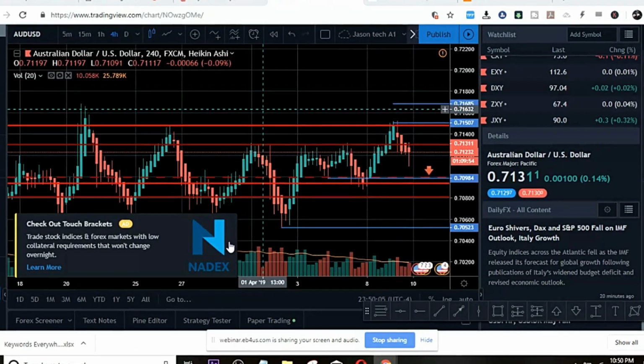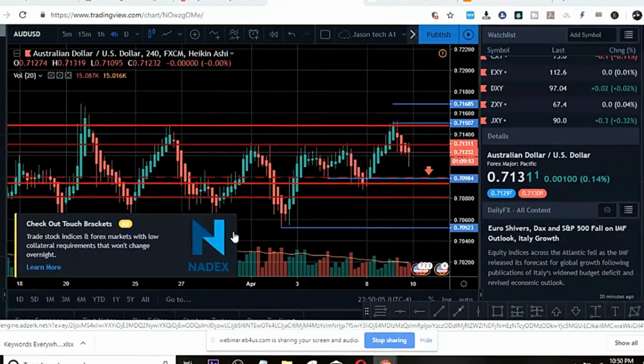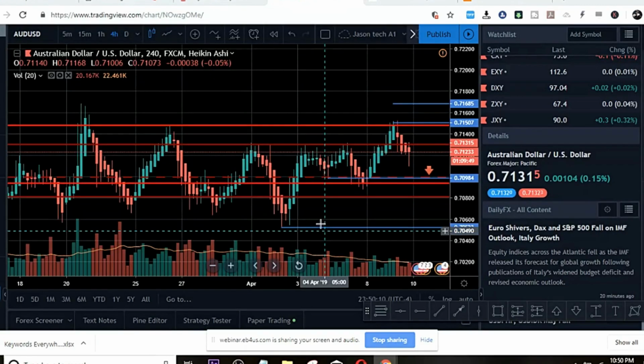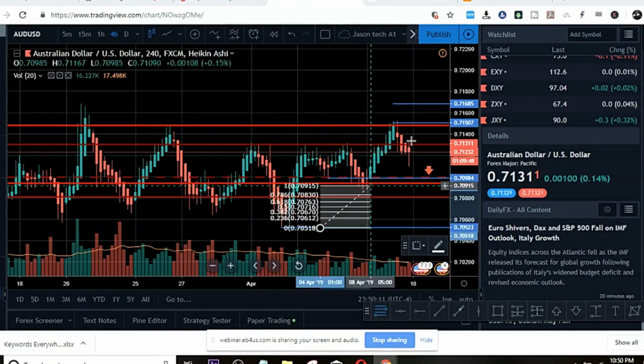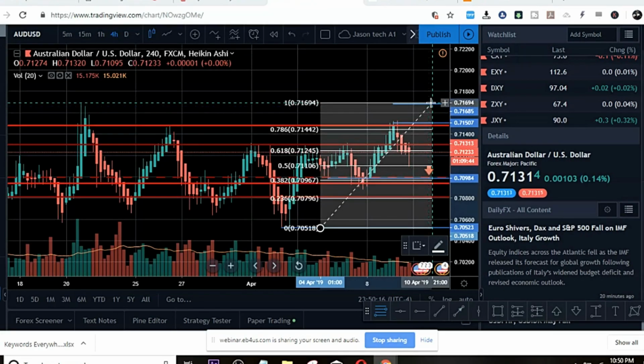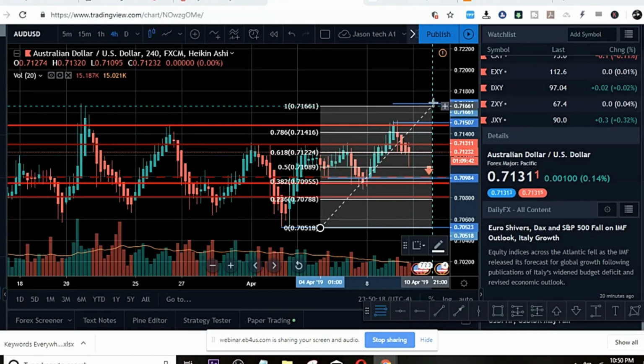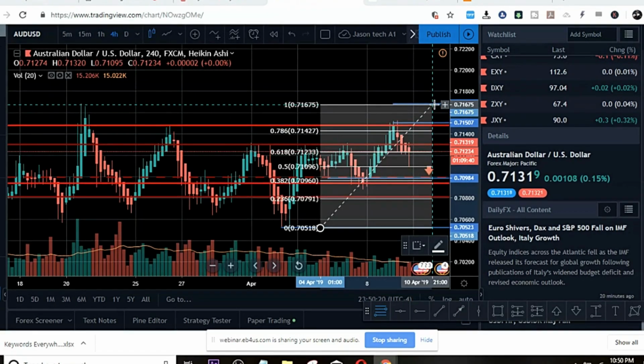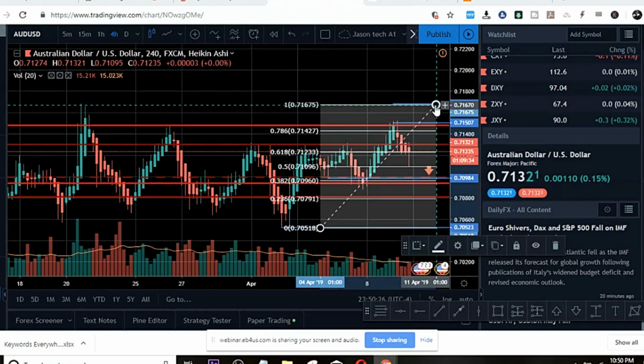Now I will use my Fibonacci again to check how this is going. Oh yeah, okay, that's looking pretty nice.